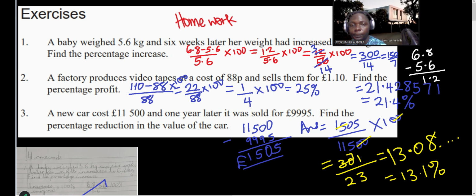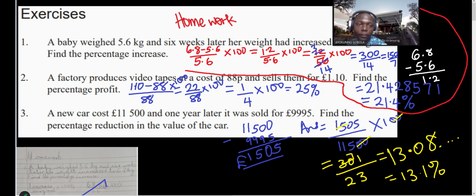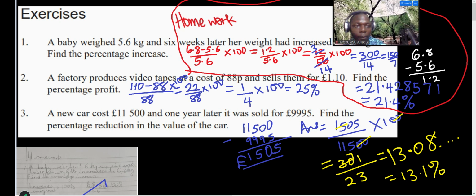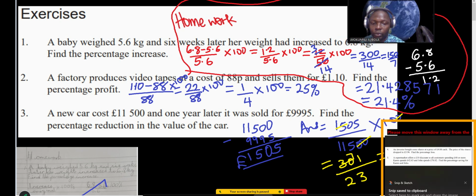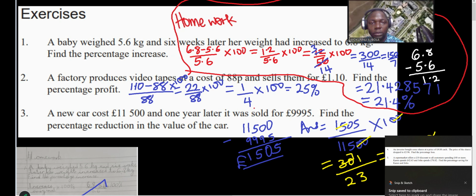Are you finding it difficult? I'm almost finished. You're almost done with everything? Yes. Okay, you finished question 4, but you don't understand the second one? Yes. Alright, send it to me.